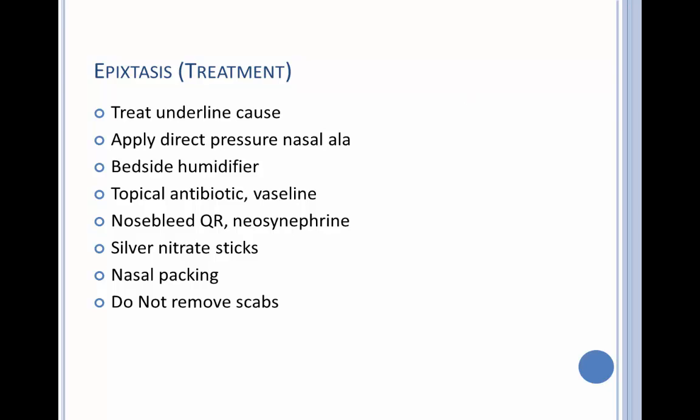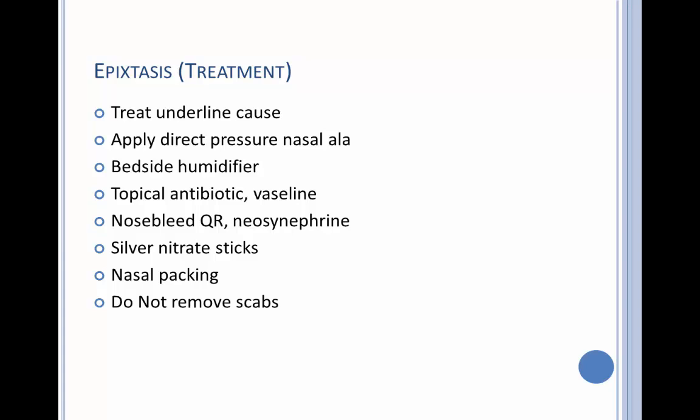You could use humidifiers to avoid dryness of the nose. Topical antibiotics or Vaseline are used not because there's an infectious process going on, but basically to humidify and coat the nasal mucosa. You could use bacitracin or mupirocin.